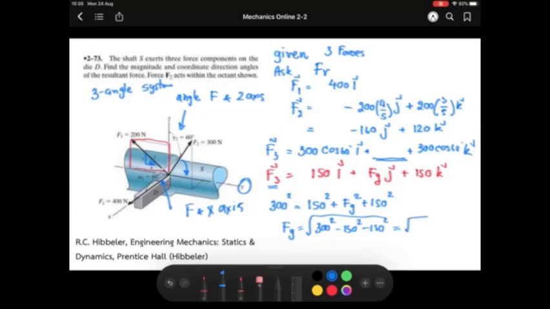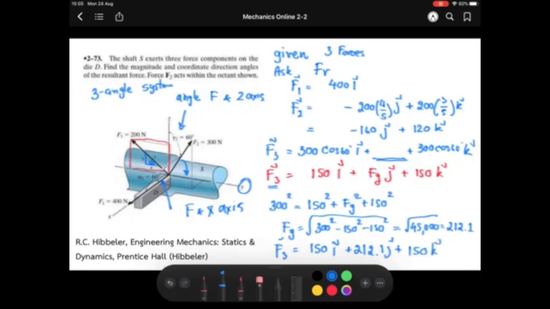This is the square root of 45,000, or it is 212.1. So that's it. We can have F3 equal to 150 i plus 212.1 j and 150 k.